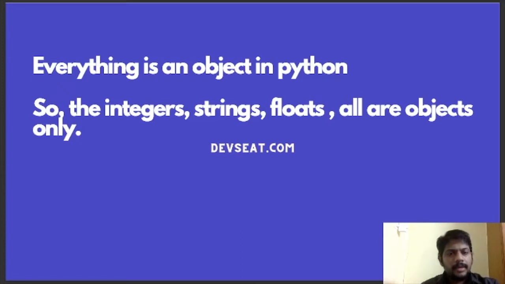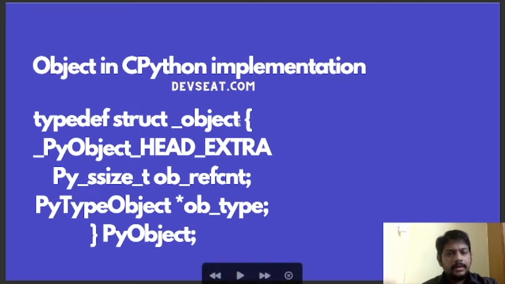Consider a program: a equal to 10, b equal to 20, c equal to some string. a, b, c all are objects only, whether they are integers, strings, floats, whatever. So everything is an object in Python, and this is how an object is defined in the CPython implementation of Python specs.